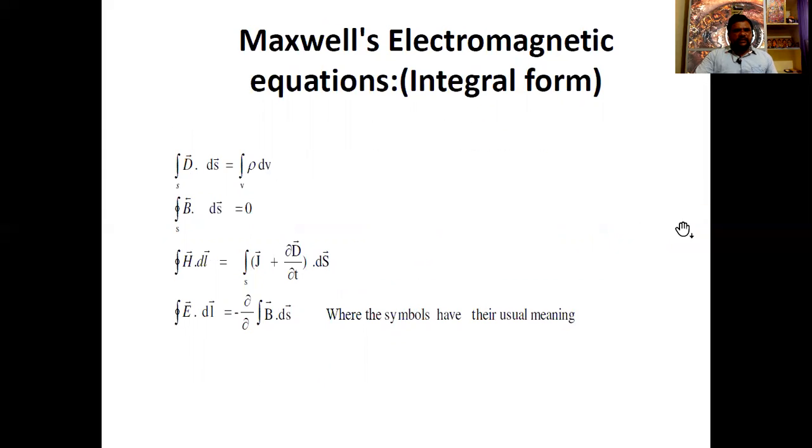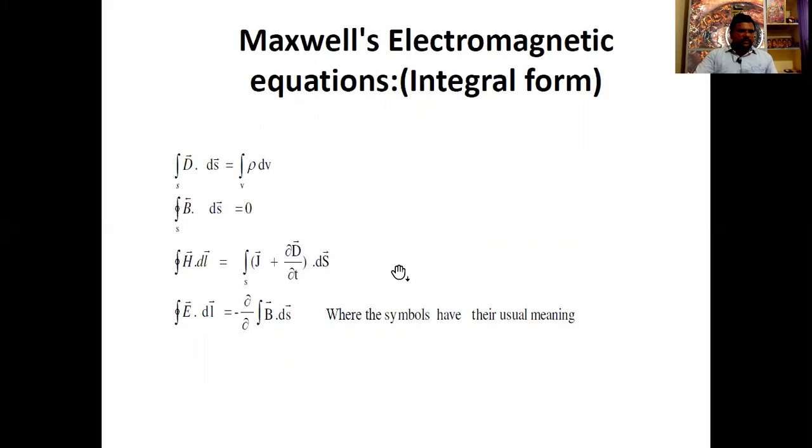So Maxwell's equations in integral form are as follows. The first one is the surface integral of d bar dot ds bar equal to the volume integral of rho dv. Second, the surface integral over a closed surface of b bar dot ds bar is equal to 0.